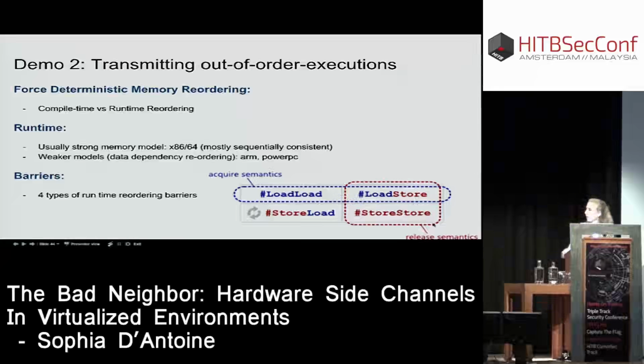It's quite handy, but Intel provides us with 4 different types of semantics that we can use as memory fences. And we're going to focus on the store load, which tells the pipeline to not reorder my instructions if there's a store to memory and a load to memory in that order. So to keep those two sequentially consistent.